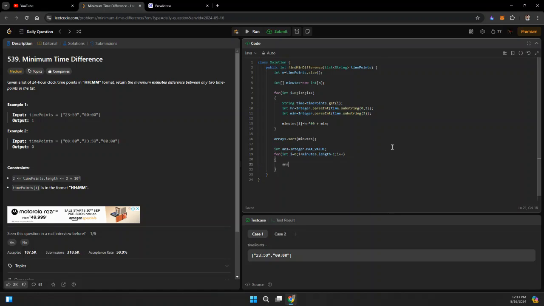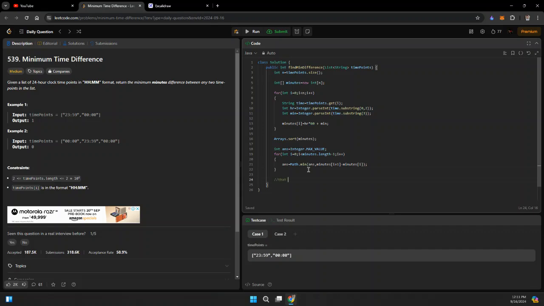Difference: answer is equal to Math.min. All right. answer comma minutes[i + 1] minus minutes[i], right? Because I said you have to calculate the difference between the consecutive. So i plus 1 and i. It will ensure that for every iteration, the consecutive difference is being calculated among the minutes. Okay.